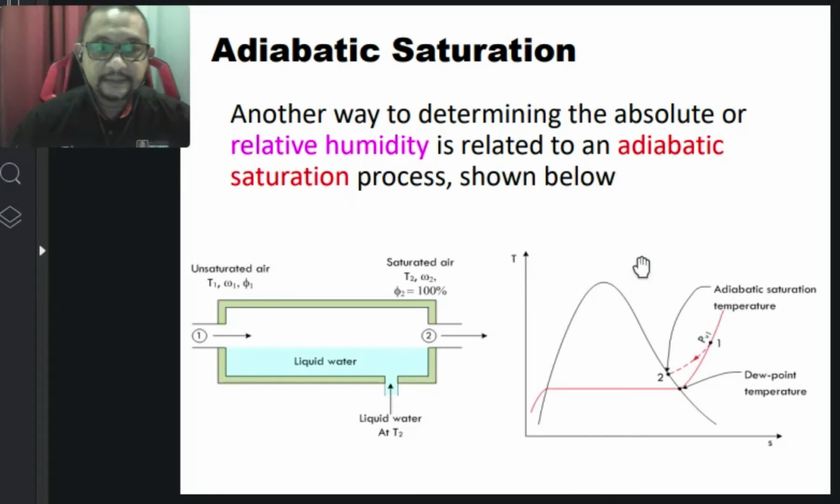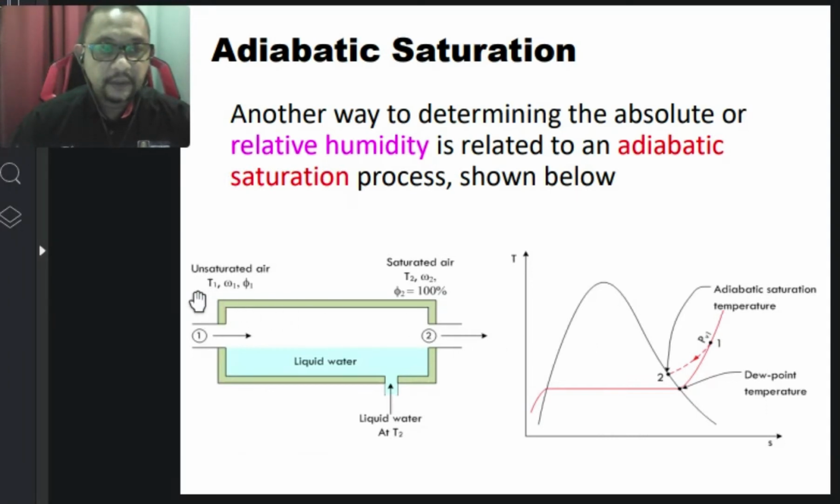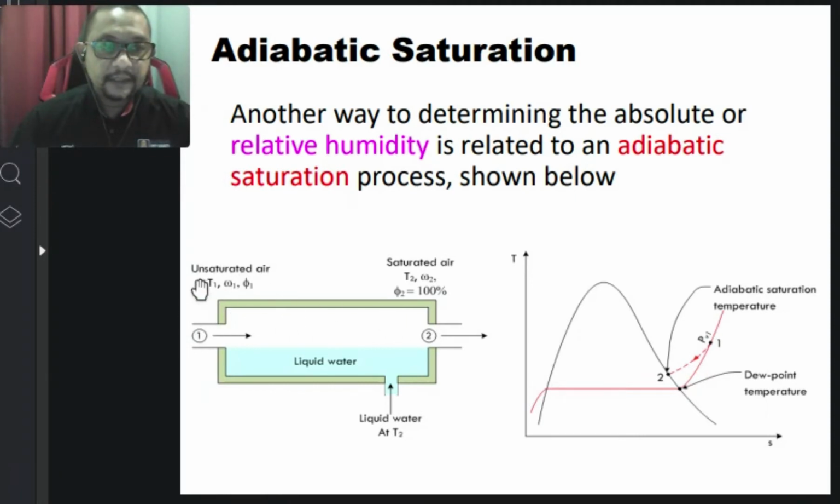A steady stream of unsaturated air that has a specific humidity of omega 1 and a temperature of T1 is passed through this channel. As the air flows over the water, some water evaporates and mixes with the airstream.